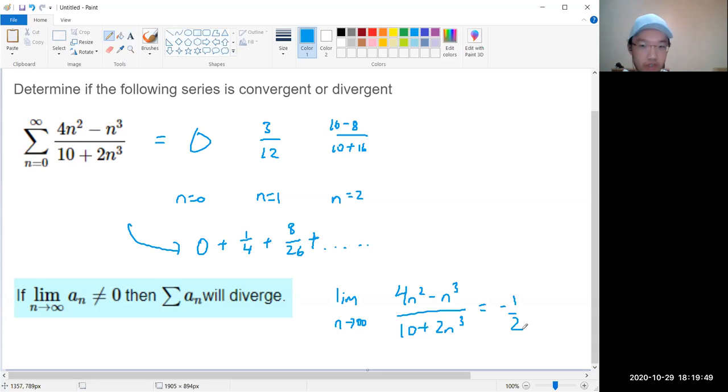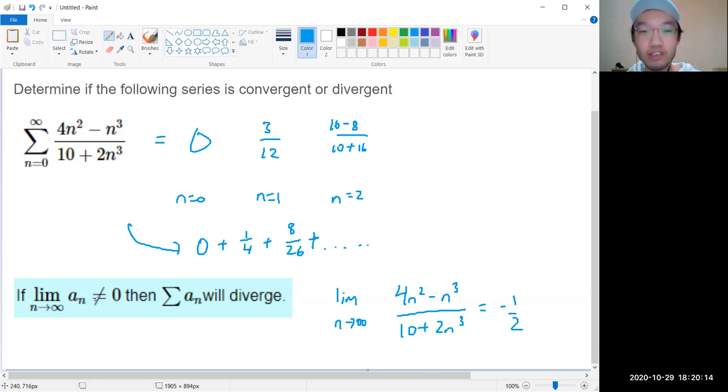It diverges, not diverge. Wait, Devin, I'm waiting. You have nothing? Okay. Let me see what the statement says. It says if the limit is not equal to 0, then it diverges. So what is our limit here? Is it equal to 0 or no?